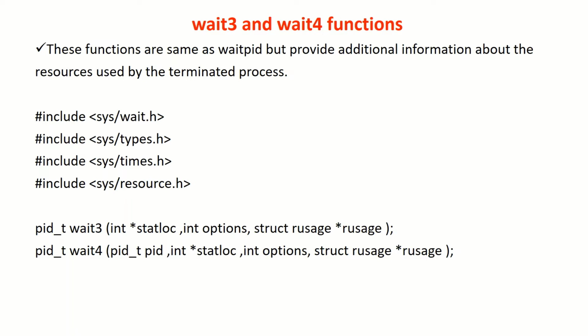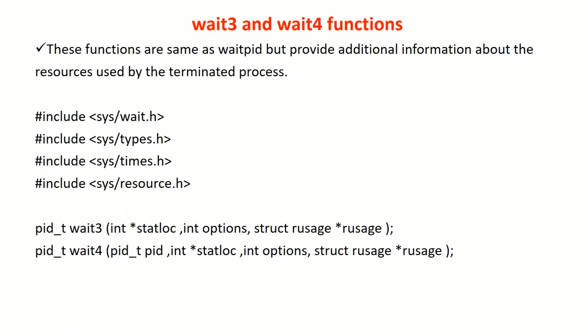Here we will discuss the wait3 and wait4 functions. These functions are the same as the waitid function but provide additional information about the resources used by the terminated process. Let us discuss the wait3 function.